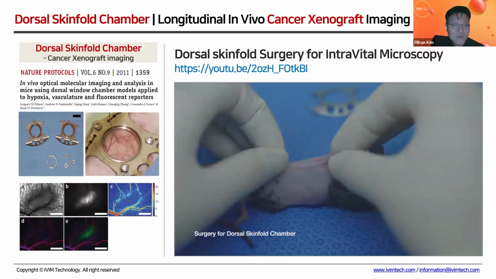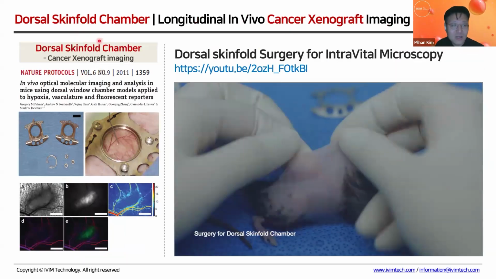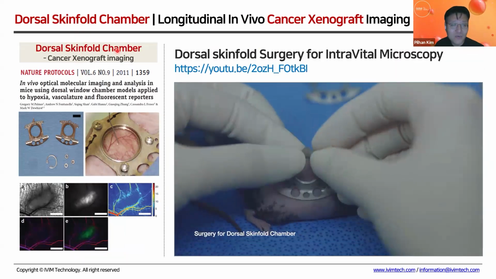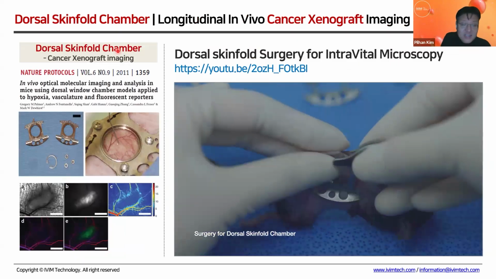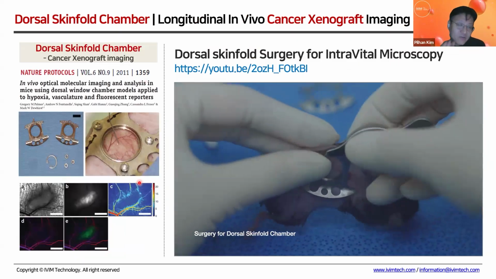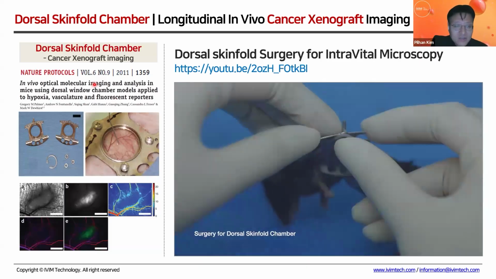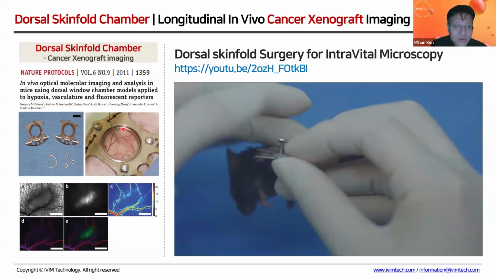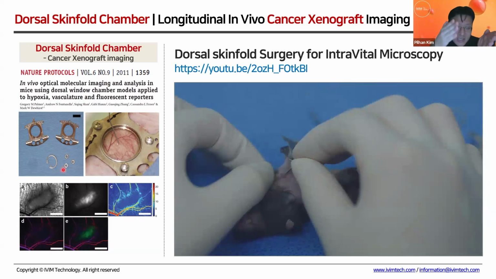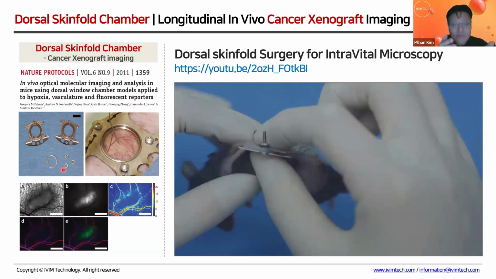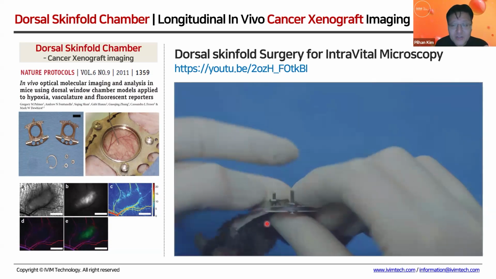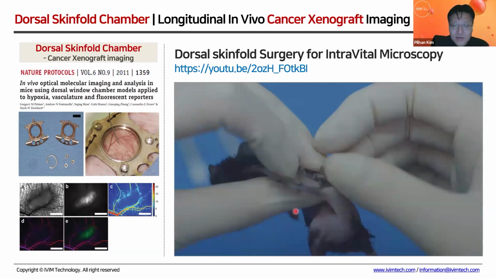So first, let me show you the result with the dorsal skinfold chamber. This is a very well established technique. To save time, let me just jump into the result. Basically, this dorsal skinfold chamber looks like this, and it can be permanently implanted into the dorsal skin of a live mouse model.